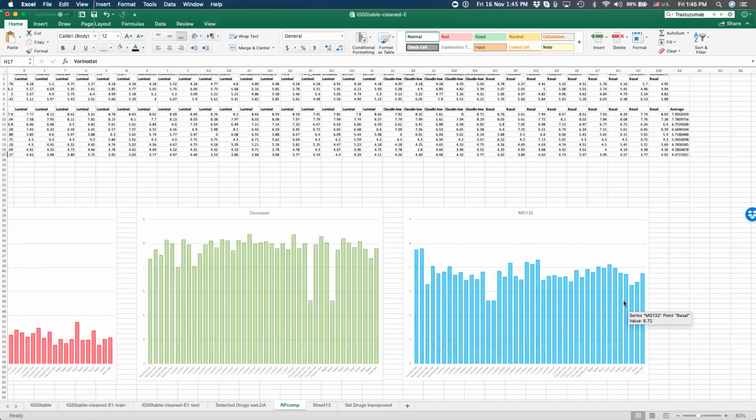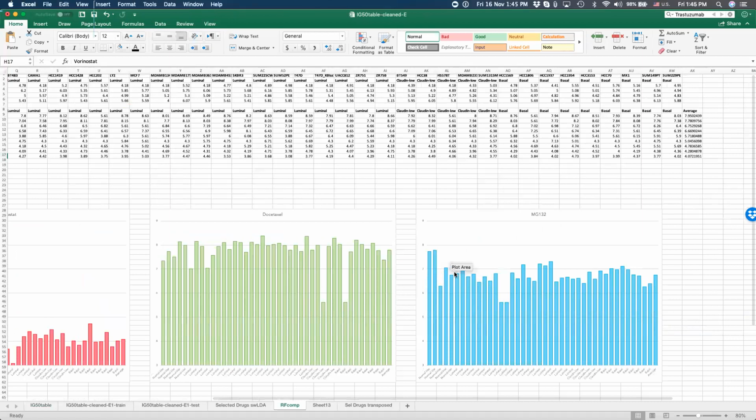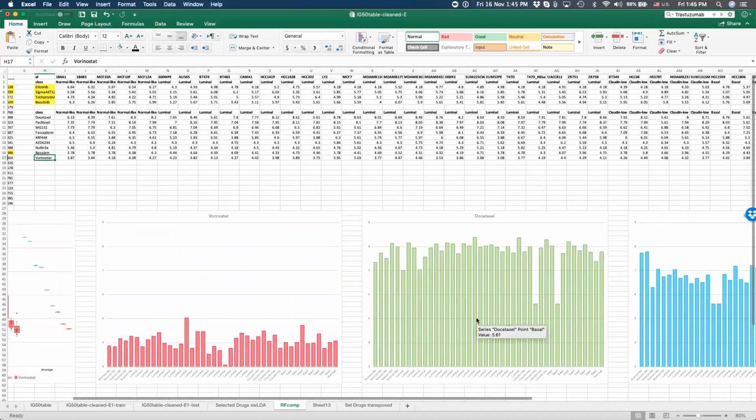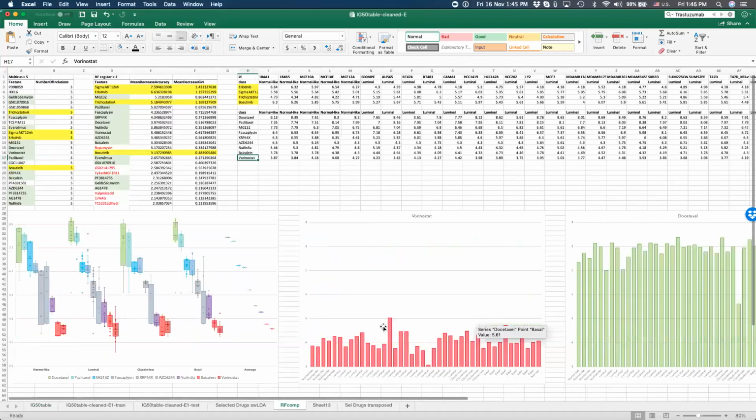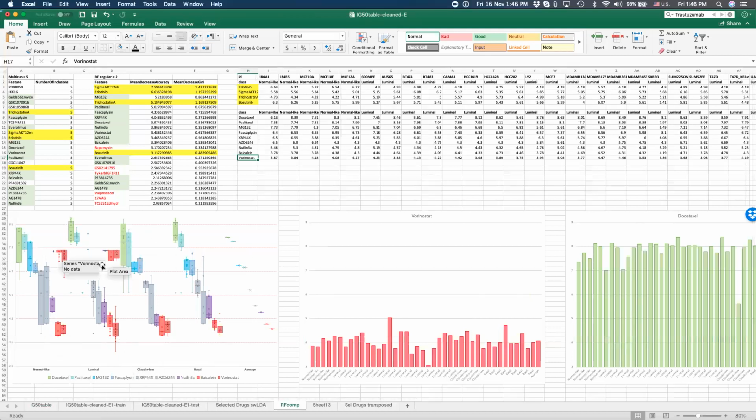You will see that the difference is not going to be that great, but you will start seeing some differences, even if smaller ones. So here I was able to select some, and let's take a look at this real quick. What could this mean? You have the normal-like, the luminal, Claudin-low, basal, and the averages of all of them.